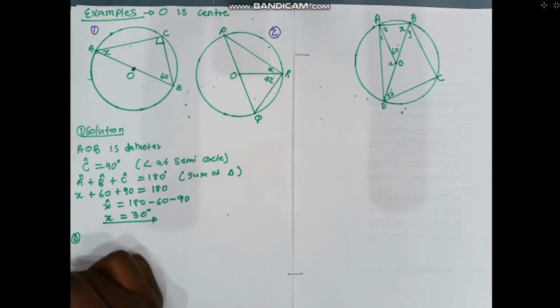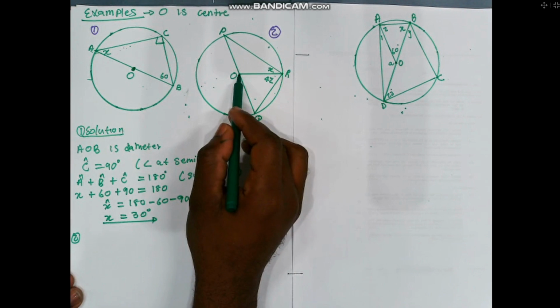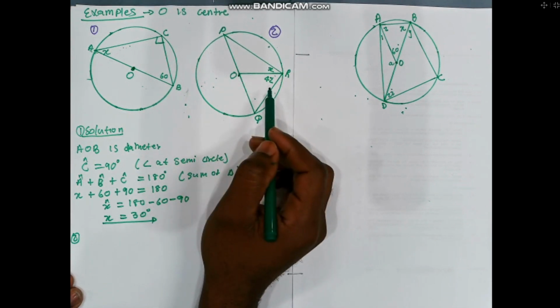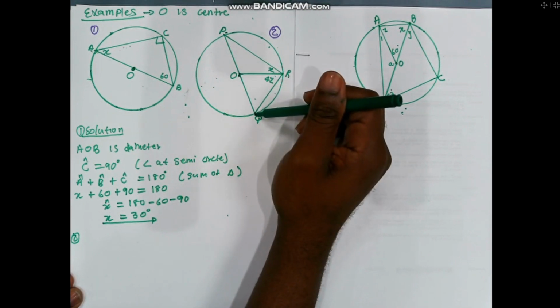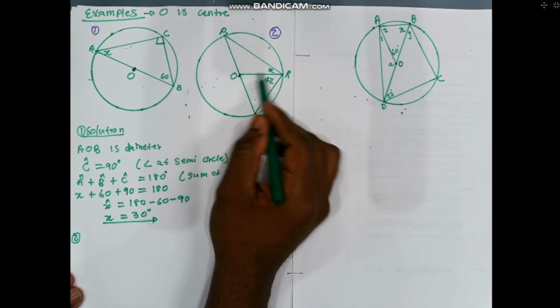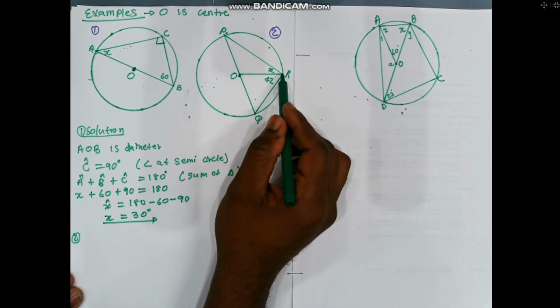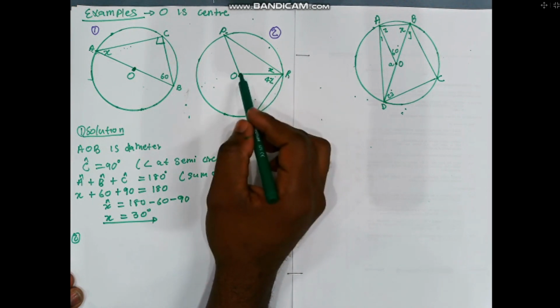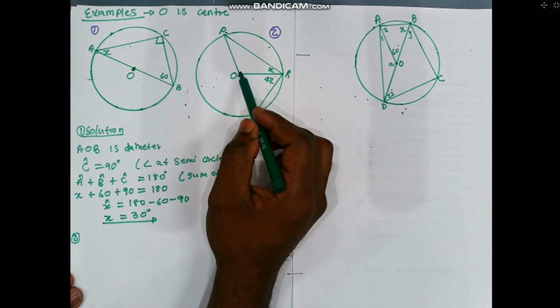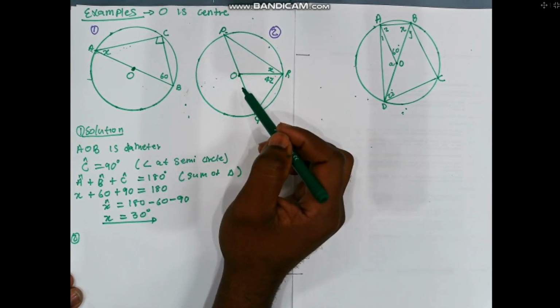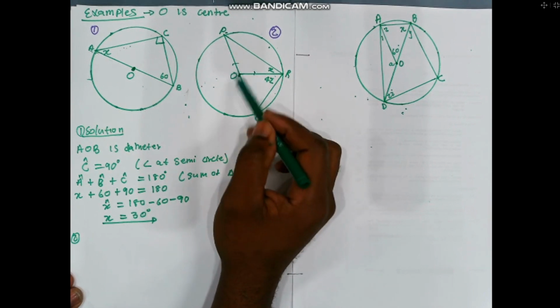Still O is a center. If O is a center, check our radius. OP is a radius, OQ is a radius, and also OR is a radius. I hope you see that one. Now from theorem 1, OR is a radius, OP is a radius, then this one equals this one.